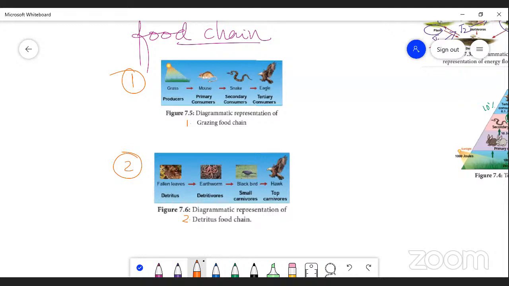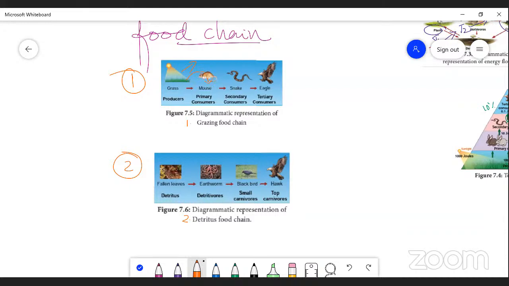According to the grazing food chain, here the producer is the green plants, or grass. The producer produces food material by the process of photosynthesis, and energy is transferred from one trophic level to another trophic level.